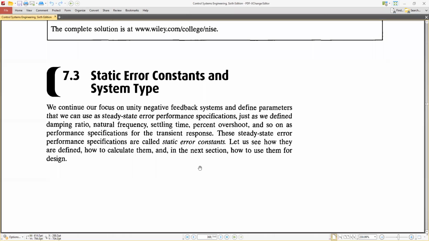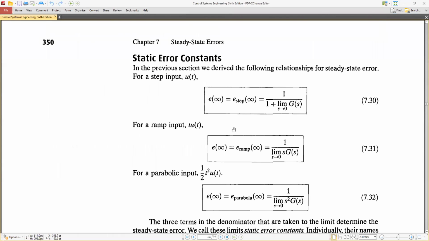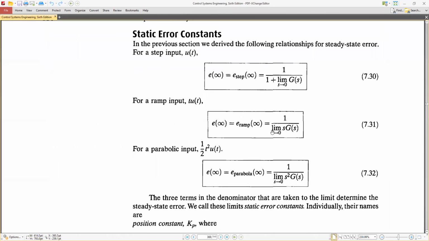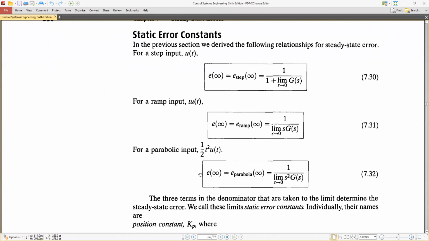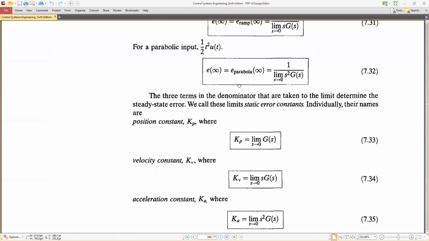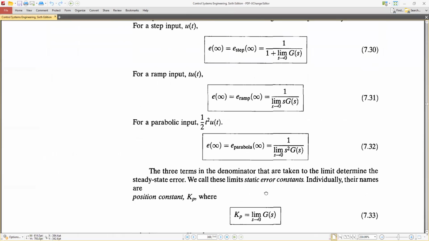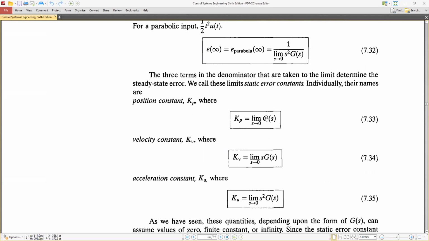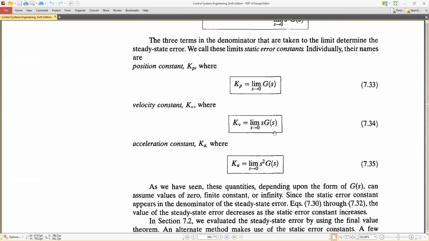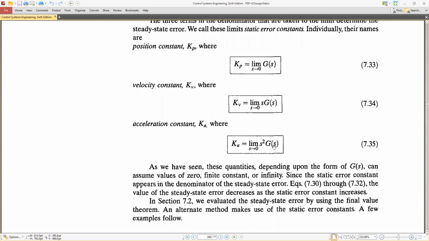Now the static error constant. So that is the equation we have found here, for three types of inputs: step, ramp, and parabolic. Now this one is termed the position constant, or Kp. This is Kv, the velocity constant, and that is Ka.